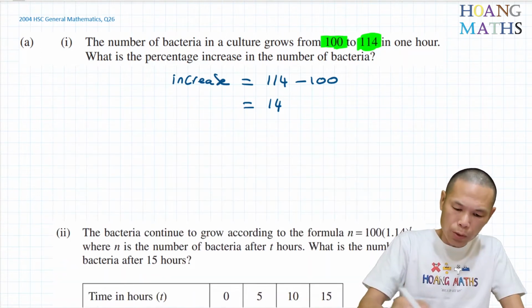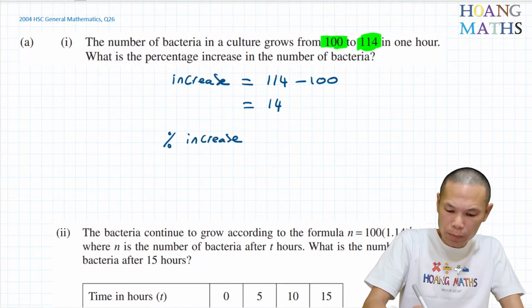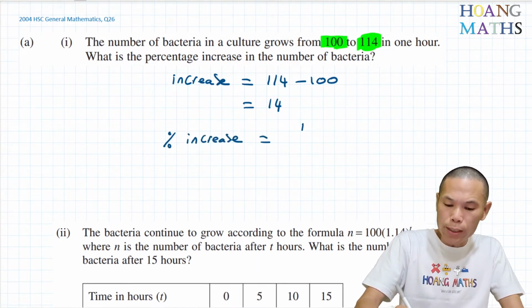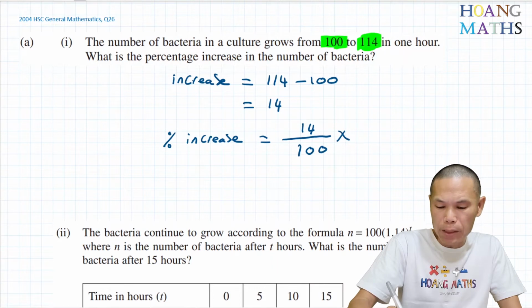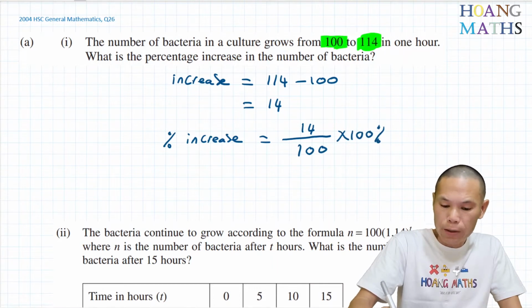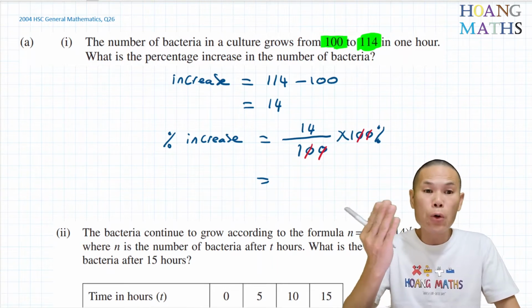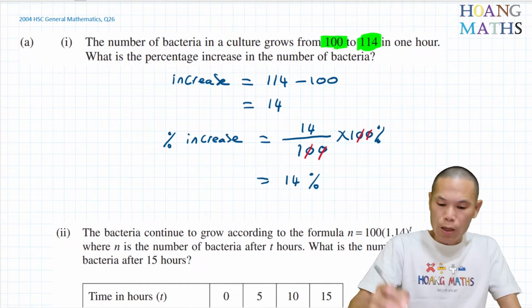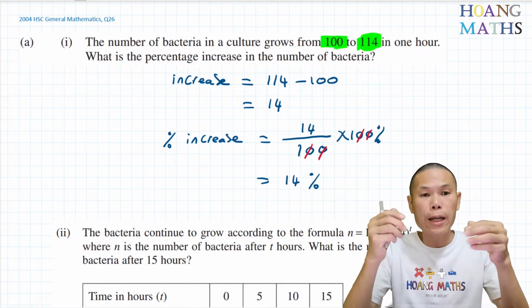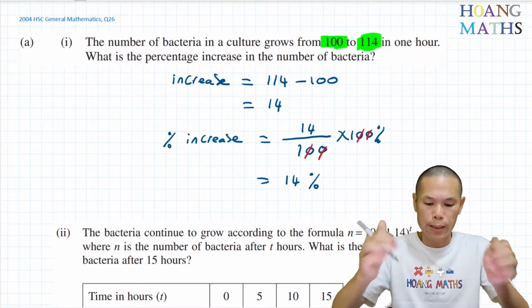So the percentage increase is equal to the increase, 14, over the original amount, 100, times 100%. If we cancel these two zeros, that will give me 14%. Otherwise, you can just use a calculator, 14 over 100 times 100. It should give you 14%.